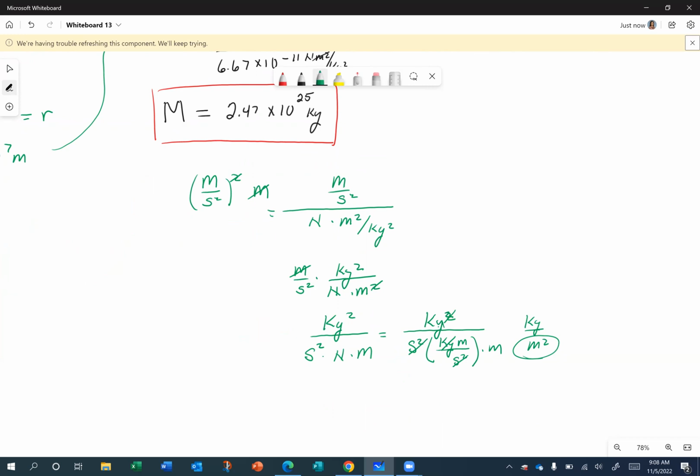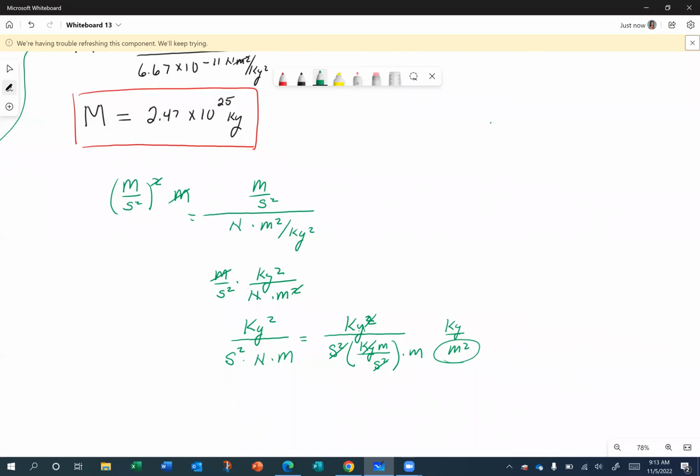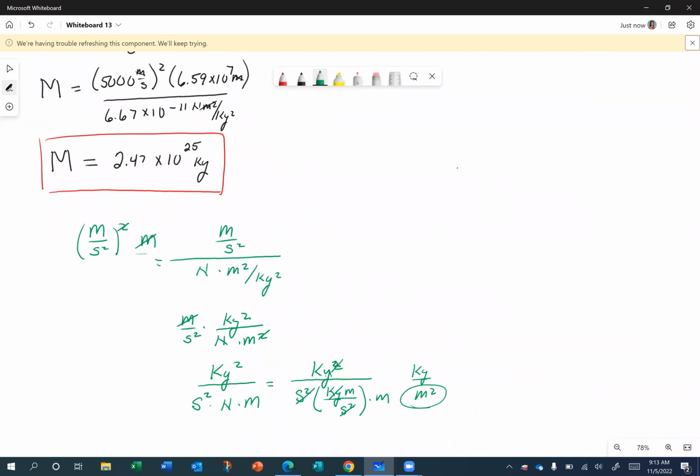Flip that up. Makes me wonder about our G value. All right, I think the mistake is up here. That doesn't cancel, that should be meters cubed. So let's start this all over again.